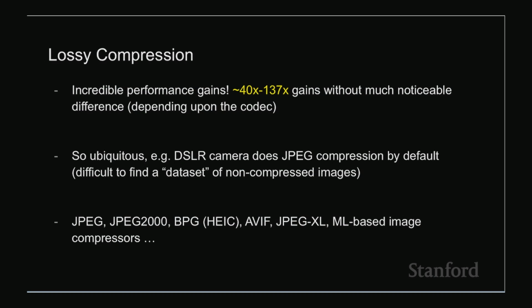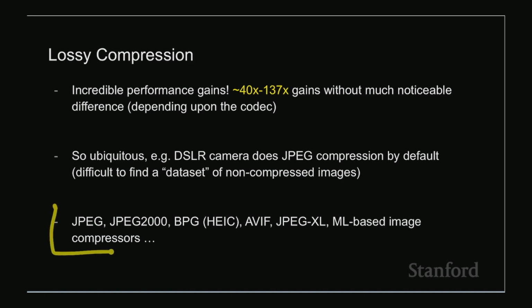If you have a DSLR camera, it actually JPEG compresses your image by default, even if it's not storing it losslessly. PNG is a lossless image compression format, but JPEG is much more ubiquitous, present everywhere. Why would you pay almost 2 orders of magnitude extra space for something which is going to look exactly the same?